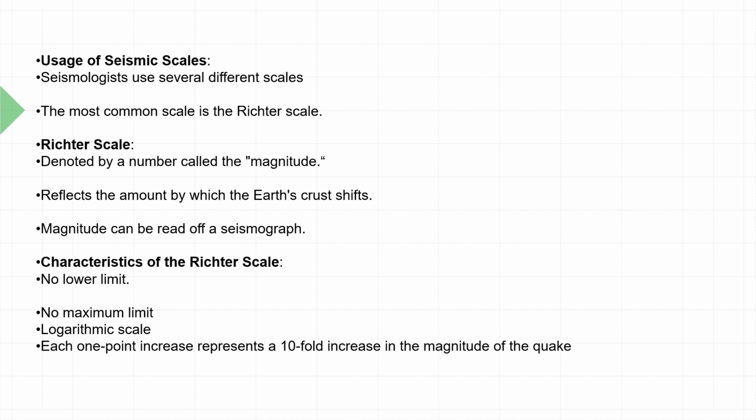Each 1 point increase represents a tenfold increase in the magnitude of the earthquake. So, how do we understand this? If there is an earthquake of 6 magnitude and if there is an earthquake of 7 magnitude, it means that the 7 magnitude earthquake is 10 times larger than the 6 earthquake.